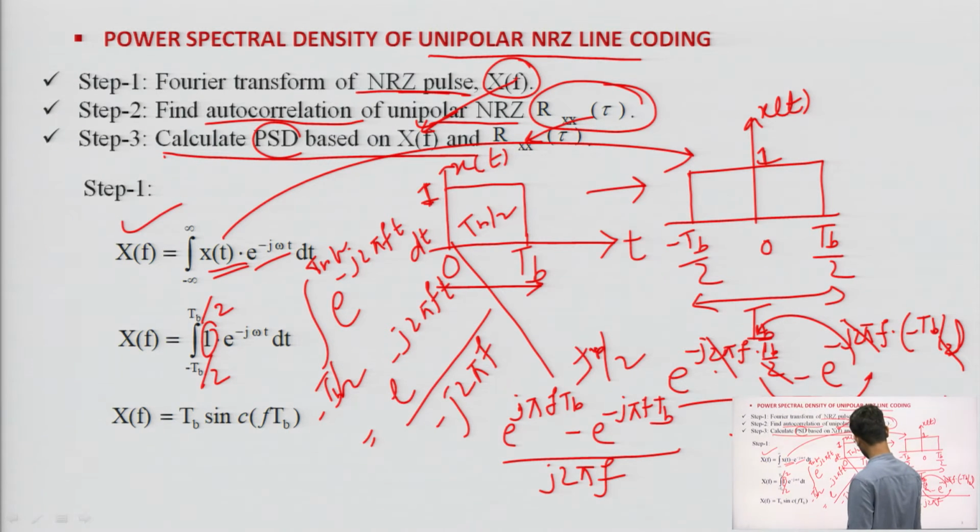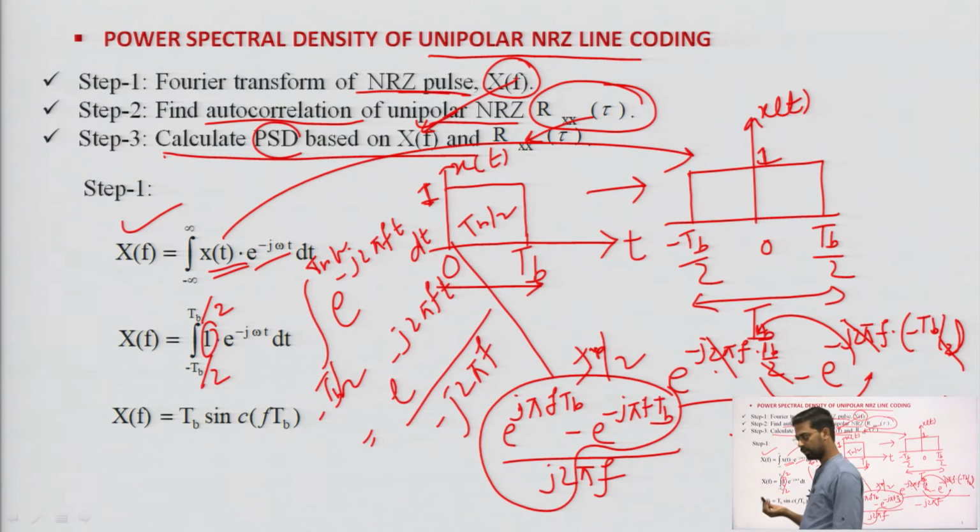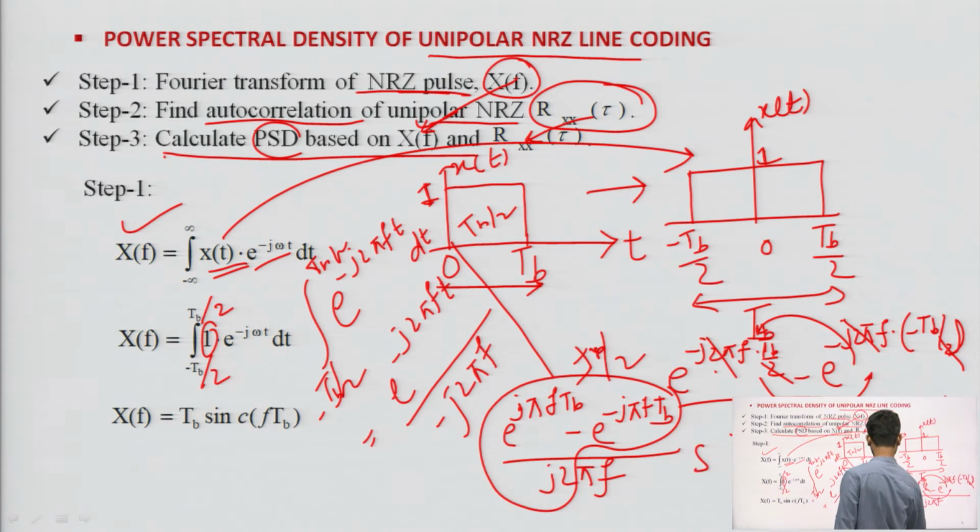Now we convert this to sine: e to the j theta minus e to the minus j theta divided by 2j is nothing but sine theta. So sine pi f TB multiplied by 1 by pi f.